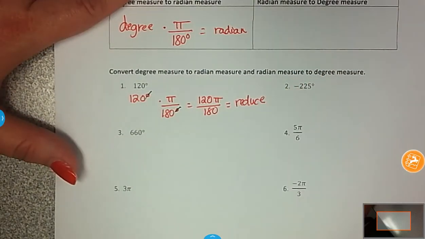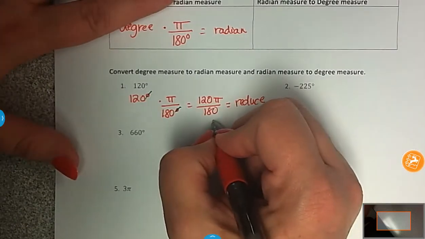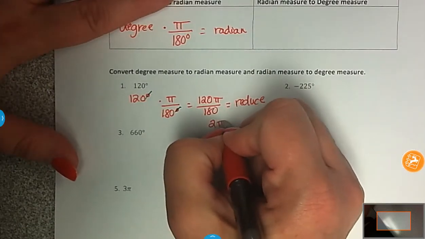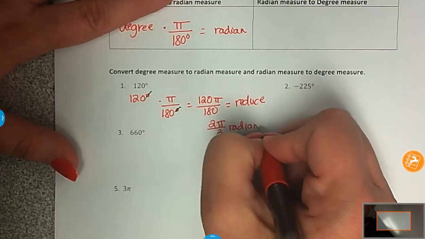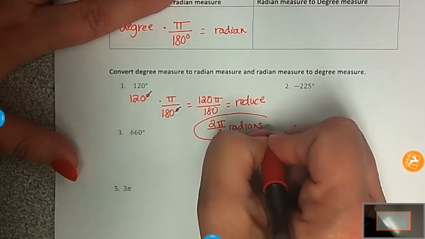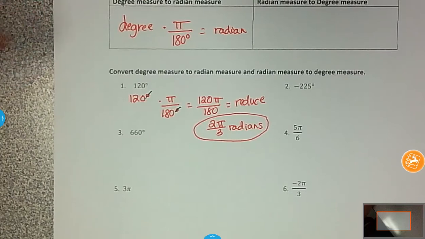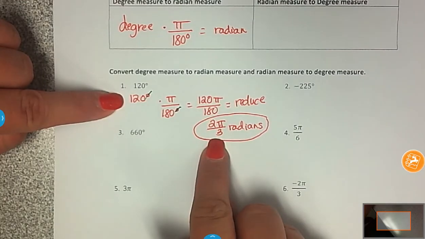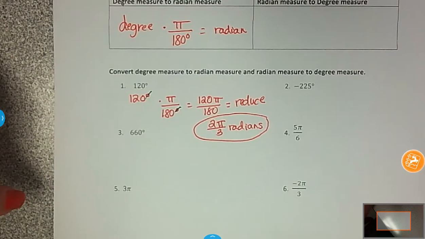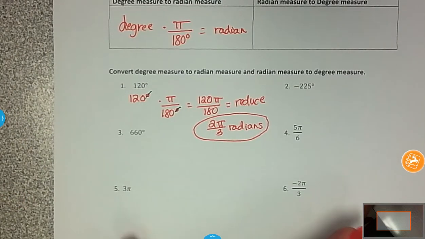Okay, so 120 over 180 gives me 2 pi over 3 radians. So if you have an angle that is 120 degrees, the radian measure that goes with it is 2 pi over 3. Okay, so I think you can probably do numbers 2 and 3.